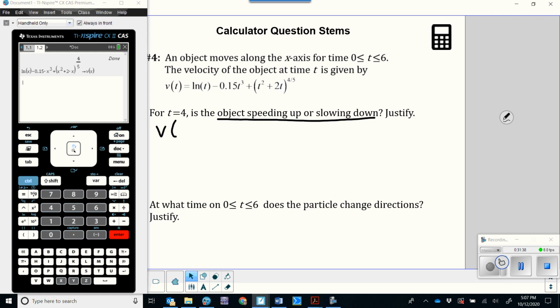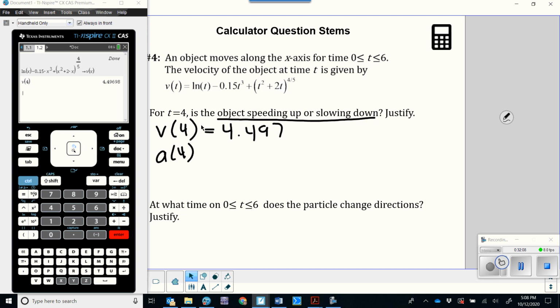Well, that means I need to find out what is v of 4 and what is a of 4, because I need to know, are they the same signs or are they different? So velocity at 4 is going to be, for me, just v of 4, and then hit enter. And I get my answer. So v of 4 is 4.497.